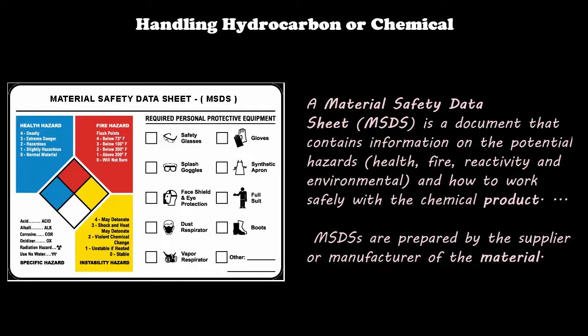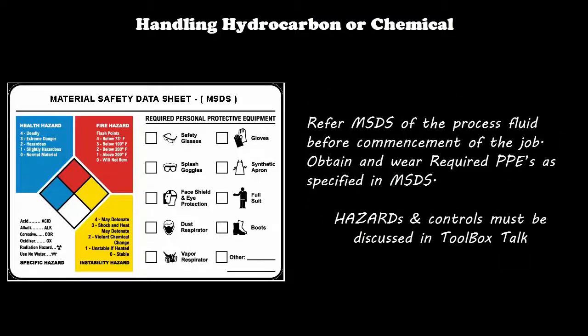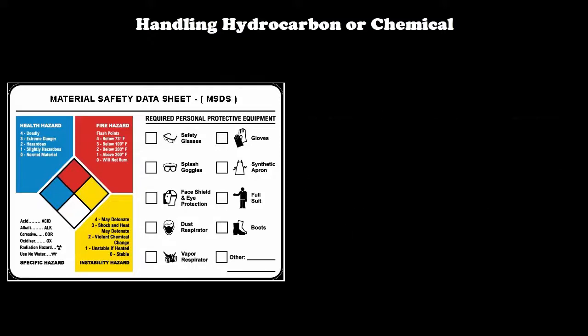MSDS are prepared by the supplier or manufacturer of the material. Obtain and wear required PPEs as specified in the MSDS while handling hydrocarbon or chemicals. Hazards and controls must be discussed in Toolbox Talk before commencement of work.